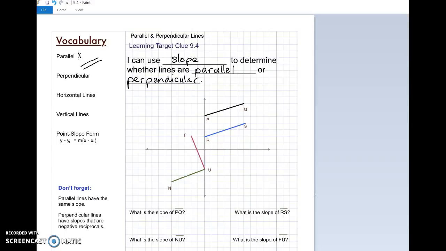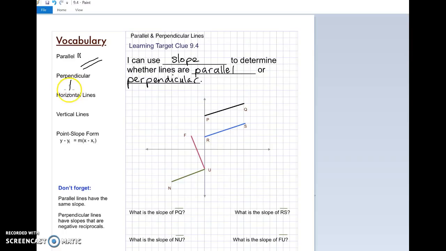The other thing about lines is the idea of perpendicular lines. What does that mean? Perpendicular lines are two lines that, where they intersect, make a right angle.